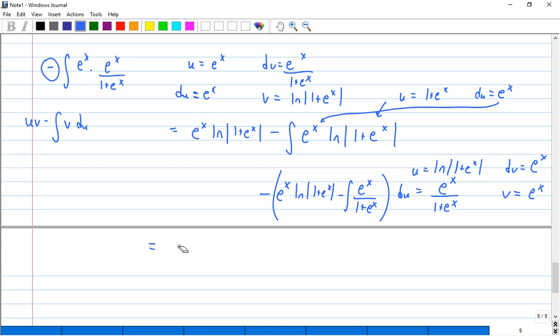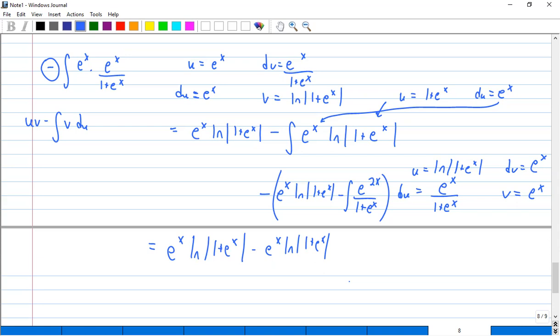And remember, I have the negative on the left side. So I have e to the x, ln absolute value 1 plus e to the x. And then I have minus uv, so it's minus e to the x, ln absolute value 1 plus e to the x. And then this is going to be e to the x times e to the x, which is what I started with.